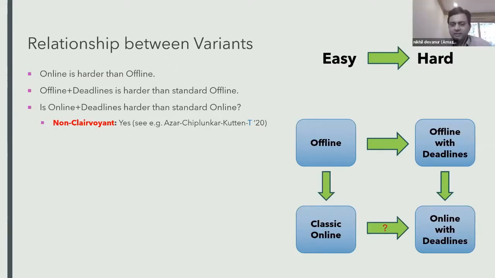But why isn't it in the classic online? Why don't you know the deadline? The deadline is an immediate thing. But if you think about the transmissions, okay, what's the difference?